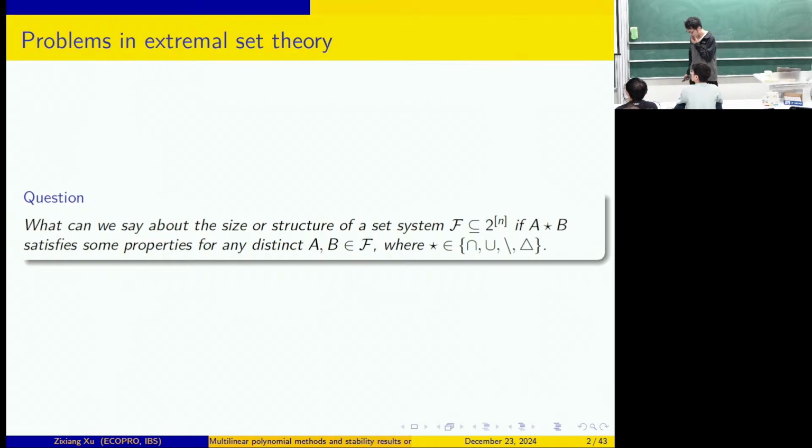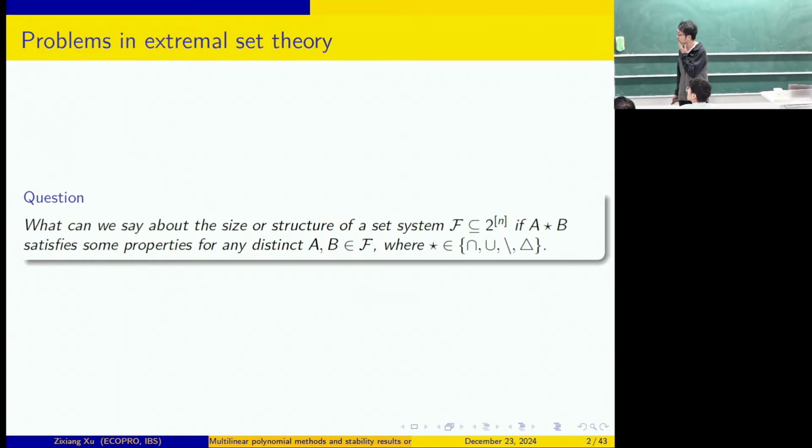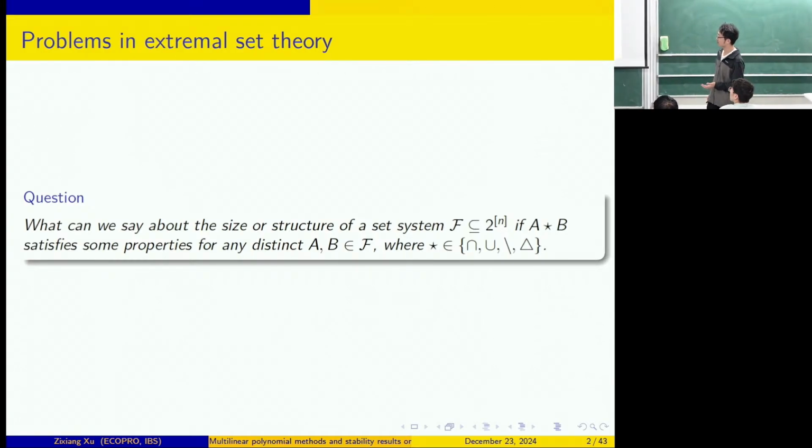So let's first recall some problems and results in the field of extremal set theory. Basically, the problem asks what can we say about the size or structure of a set system if any distinct pair of sets satisfies some certain properties. The operation can be the intersection, the union, the one-side difference, and the symmetric difference.